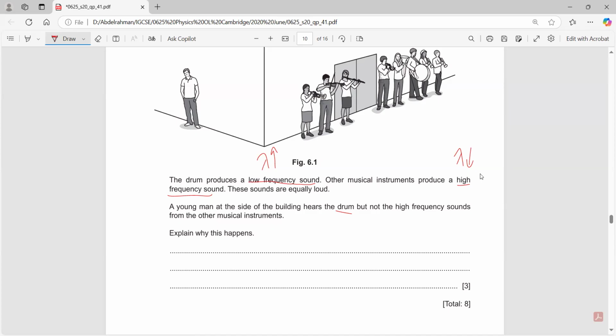So all you need to say is that as the frequency decreases, the wavelength increases, so the diffraction increases as well, and that's why it can reach the man. If the diffraction was much less, then the waves wouldn't be able to reach this man. Diffraction increases.